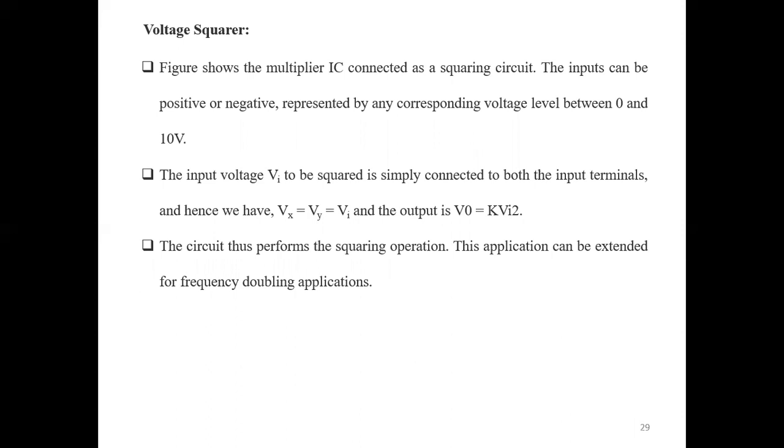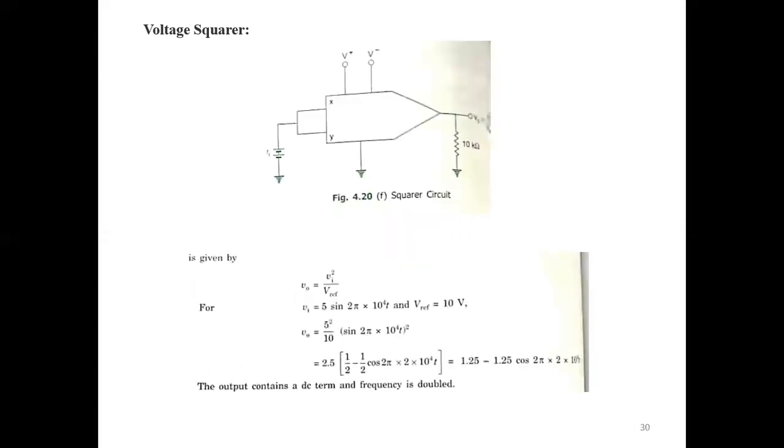The circuit performs the squaring operation. This application can be extended for frequency doubling. This is the voltage squarer circuit: if both inputs are the same, V out is equal to Va squared divided by V reference.